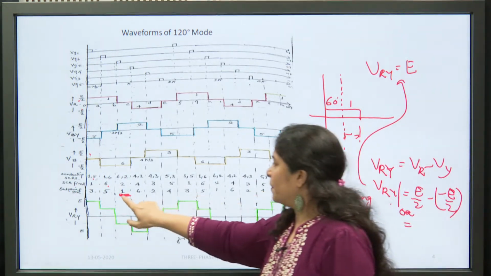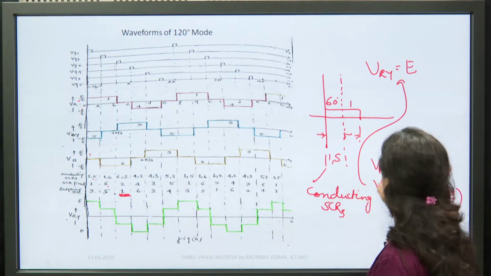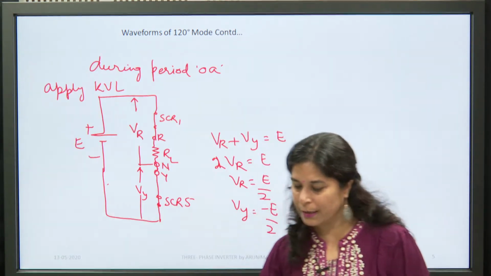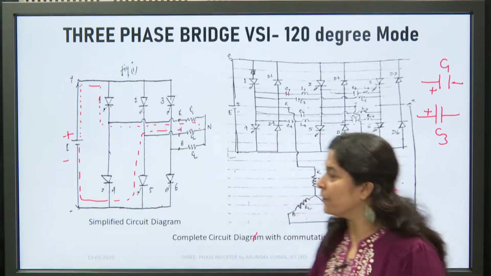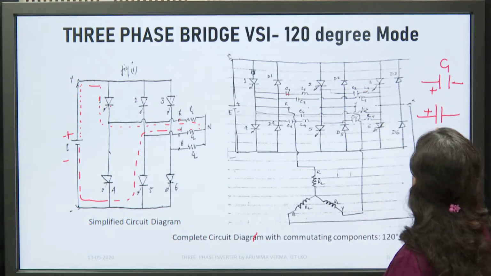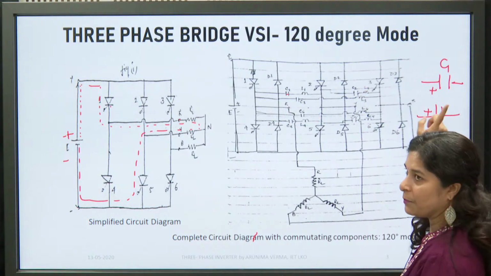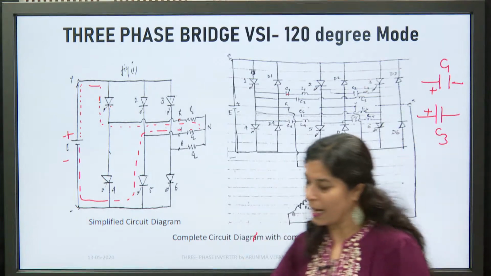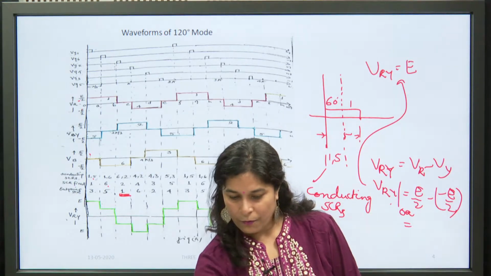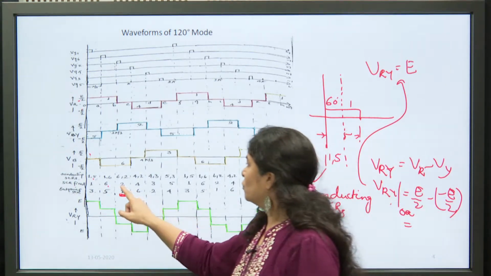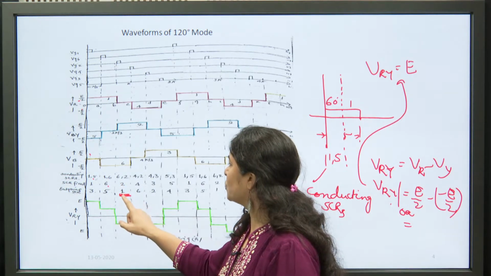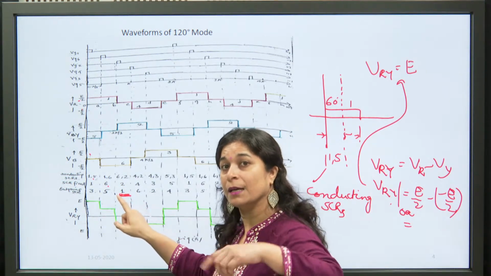Because SCR 1 is conducting, during this period capacitors C1 and C3 are charging with left plate positive, and when you fire SCR 2, you can see that SCR 1 is getting turned off.